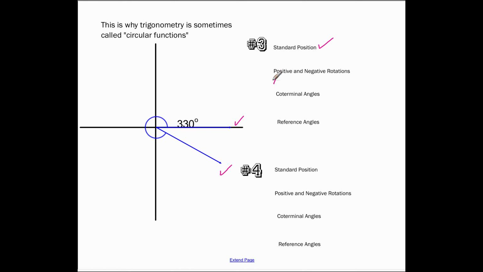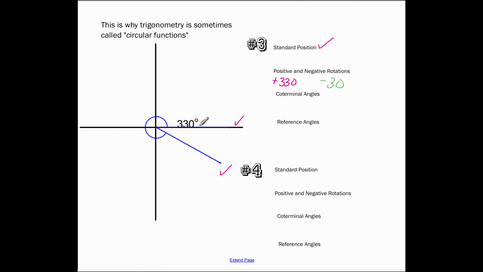So we rotated this positive 330 degrees, which means we could have gotten to the same position by going backwards negative 30 degrees, because 30 and 330 makes 360. Coterminal angles, once again, coterminal means how can I get to this terminal side different ways?